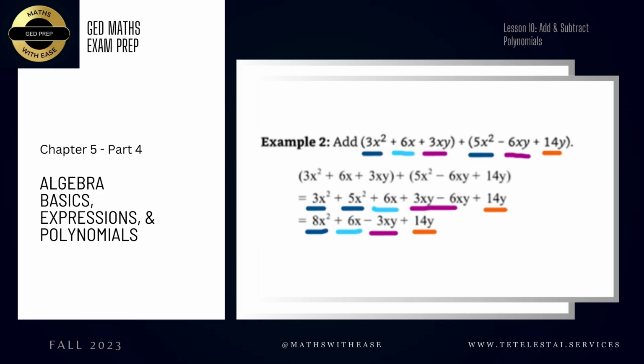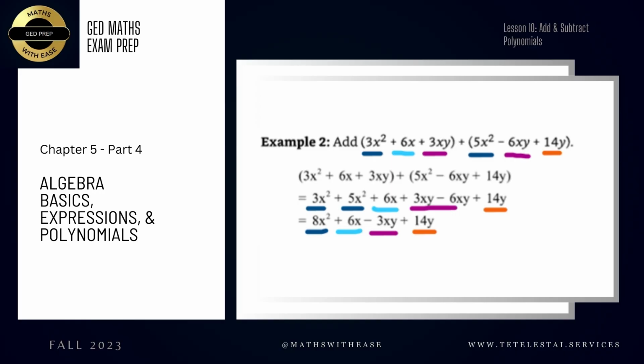Positive 3xy minus 6xy leaves us with a negative 3xy. As you notice, we're simply treating this as a regular addition or subtraction, and once we've found our coefficient, we tag on the relevant variables. So in this case, we add 3 to negative 6, the answer is negative 3, and then we tag on the variables associated with the terms we are working with.